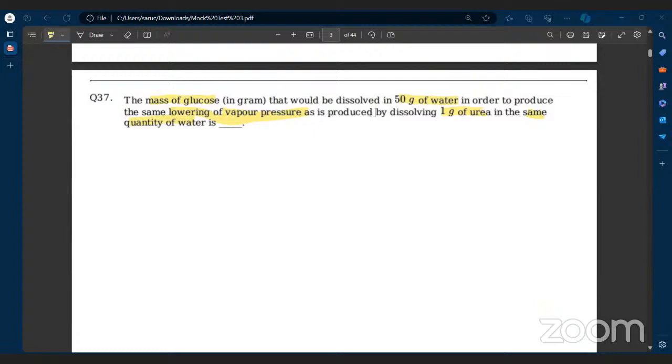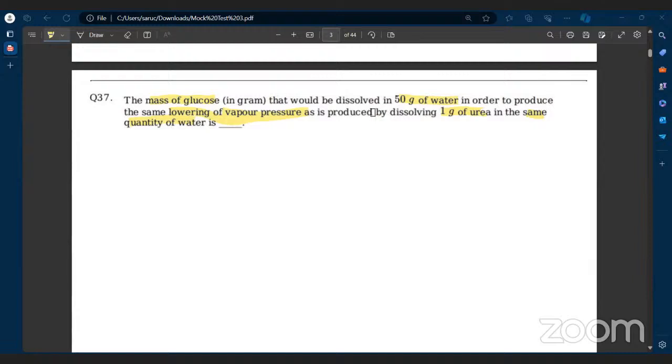You have to calculate the mass of the other solute, glucose. They have told you that the lowering of vapor pressure is going to be the same, which means I'm going to equate the lowering of vapor pressure.